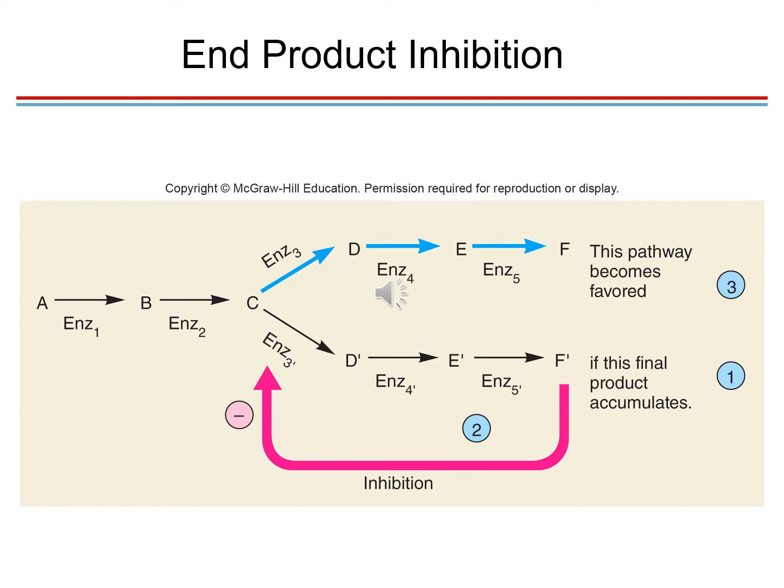In other words, if we have enough product that the body or the cell doesn't need anymore, automatically the enzyme changes its 3D shape in order not to allow the production of more product that is accumulated. It's avoiding the accumulation of the product.